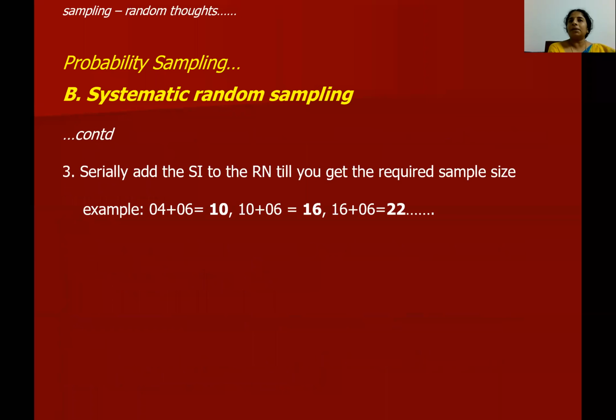So what happens? Everybody from the beginning of the list, even if it is not the first person, everybody from the 4th person to the last person, around the last batch or bunch of people, will also get included in the study. So systematic random sampling gives a better representativeness.